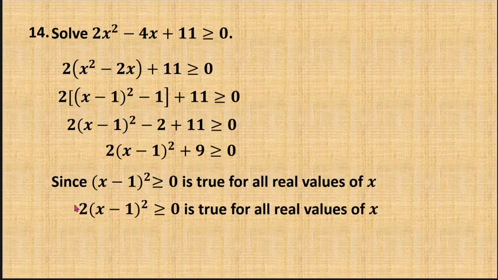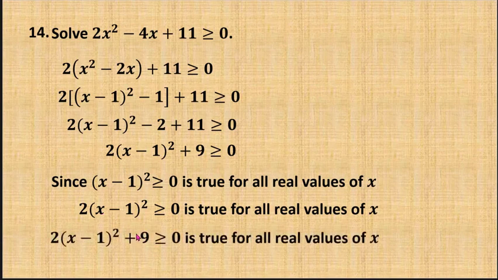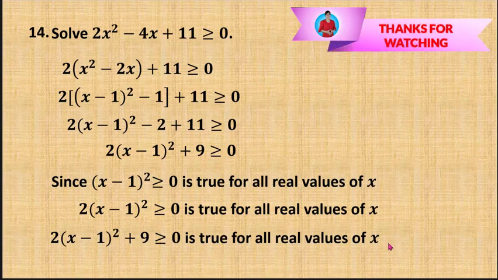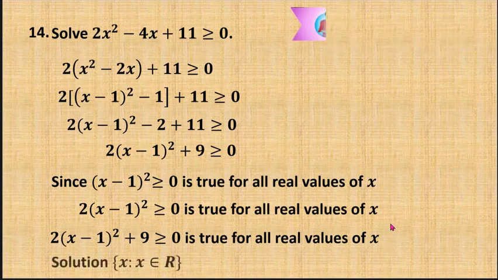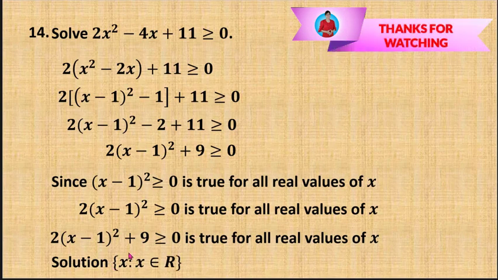Then if this positive value plus a positive value 9, the result is still a positive value. So at the end, 2 times x minus 1 power 2 plus 9 is greater than or equal to 0 for all the values of x, which means that the solution is all the values of x satisfy this inequality.